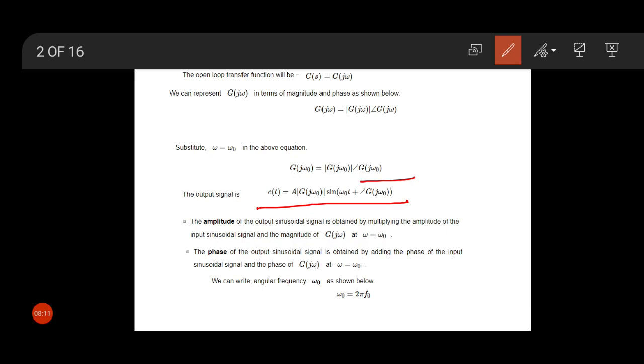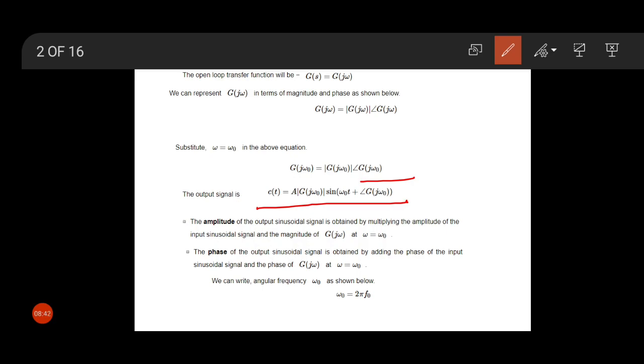So the amplitude varies according to the system transfer function, which is why the output amplitude is calculated by multiplying the input amplitude with the magnitude spectrum. For the phase angle, we consider the phase of the system.